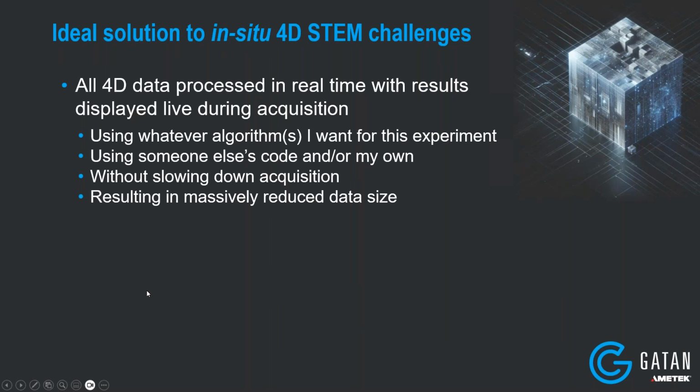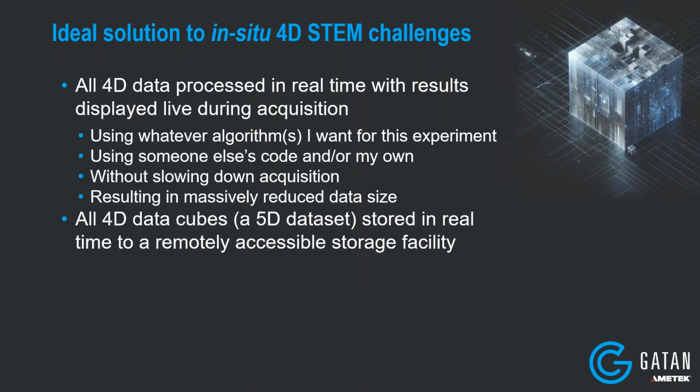I would want this to result in a massively reduced data size so that I don't necessarily have to take with me all of the data, all of the tens or hundreds of gigabytes of data. And ideally, I would also want all the 4D data cubes to be stored in real time to some remotely accessible storage facility where later, if I want, I can go back and look at the full 5-dimensional data set in more detail, right?